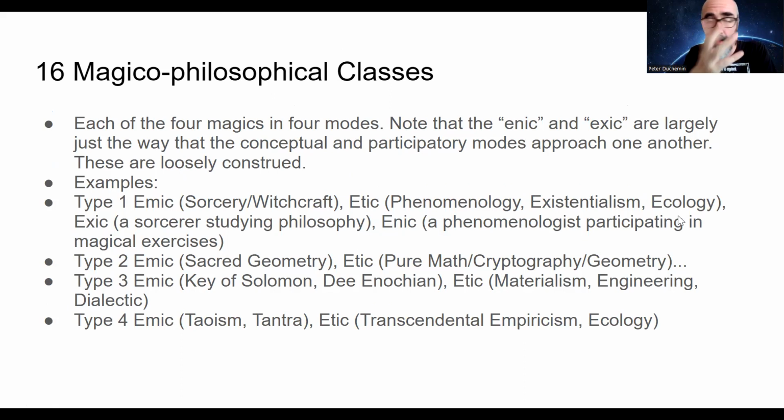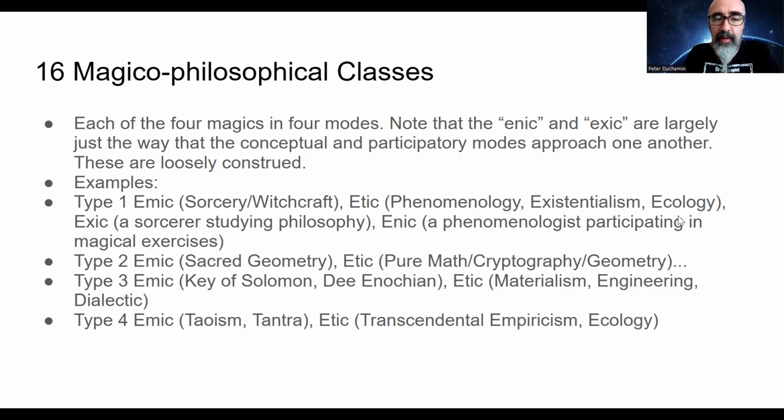Right. So basically, at the end of the day, four types of magic, four modalities. So you end up with an emic, etic, enic, and exic mode of treating all four of these. And I've just got some examples here.